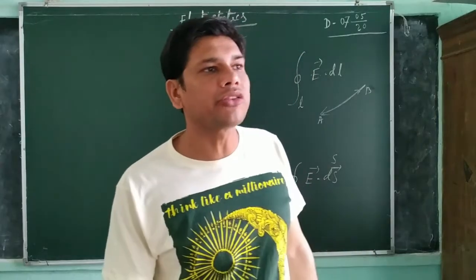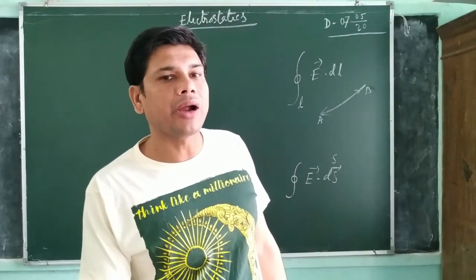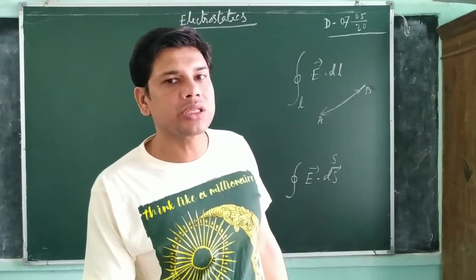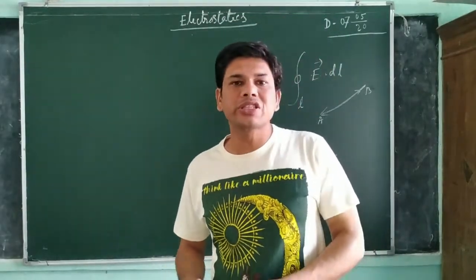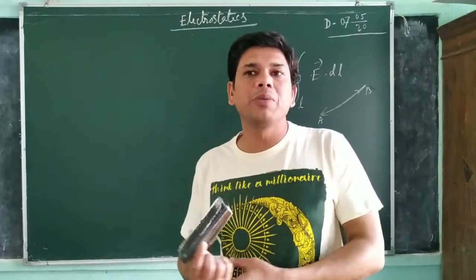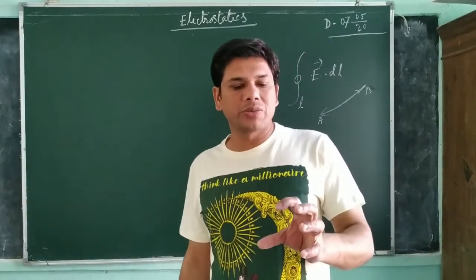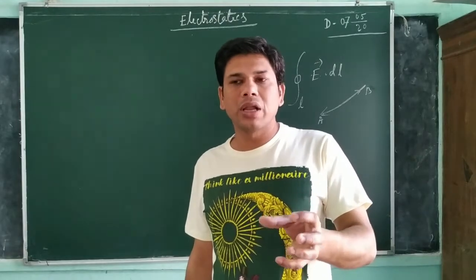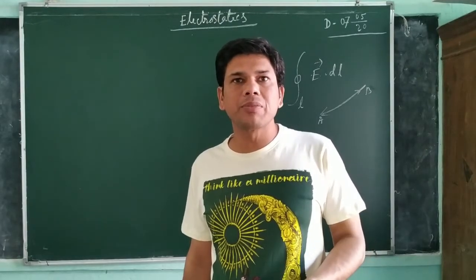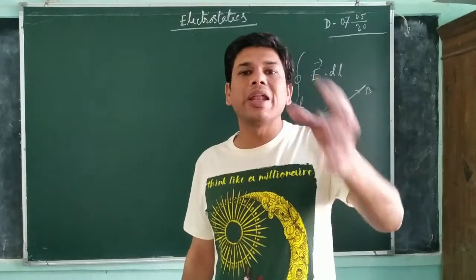By using Gauss theorem, we can find the electric field due to a charge distributed body. This body should be a symmetrical shape, like spherical shape, cylindrical shape, line shape, planar shape.